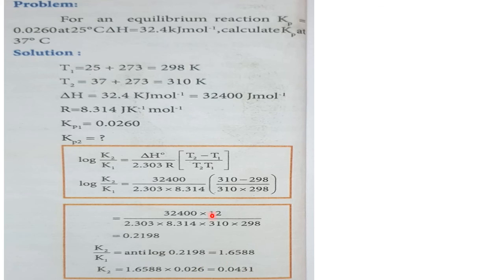So this is the way to use the Van 't Hoff equation to calculate Kp at 37 degrees Celsius.